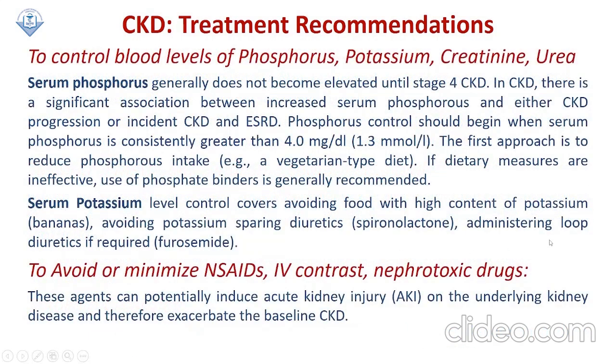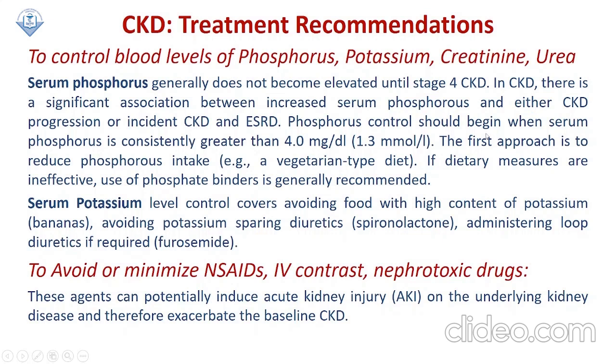Then, medications used to control blood pressure. Before medication, we must also control some parameters in blood: phosphorus, potassium, creatinine, and urea. Usually, serum phosphorus does not elevate until a late stage, like stage 4. But we must control it regularly to find the moment when it is increased, when it is abnormal.